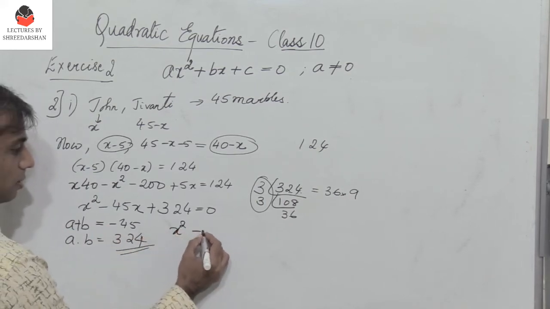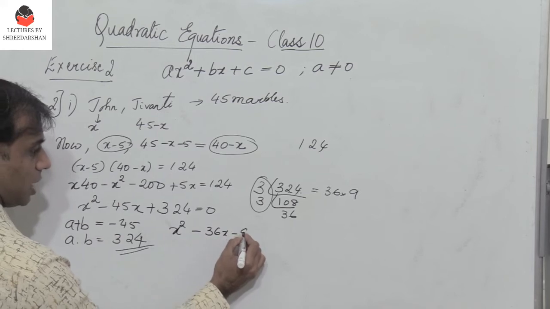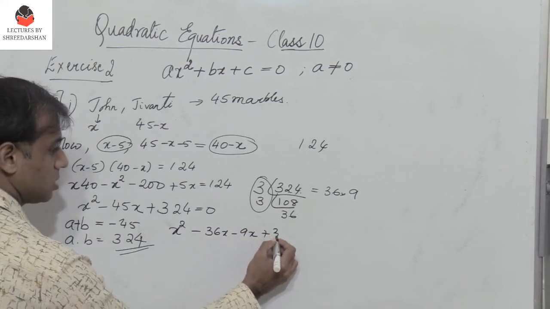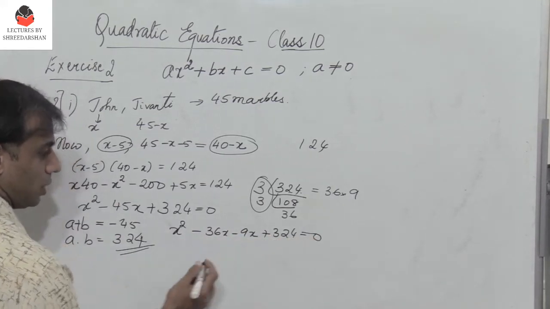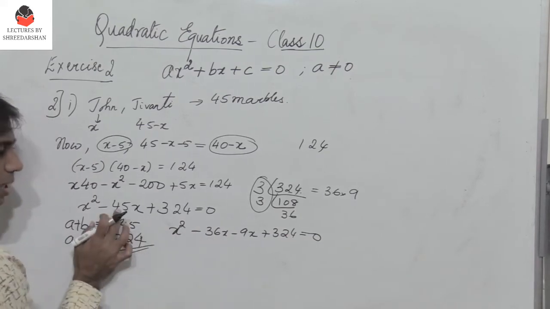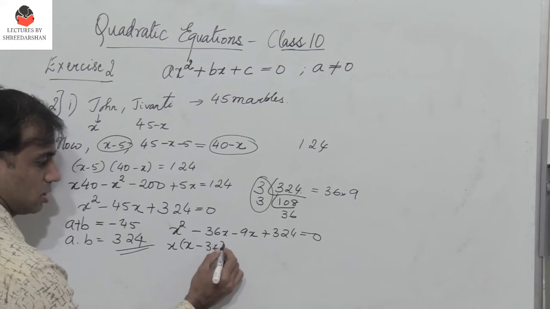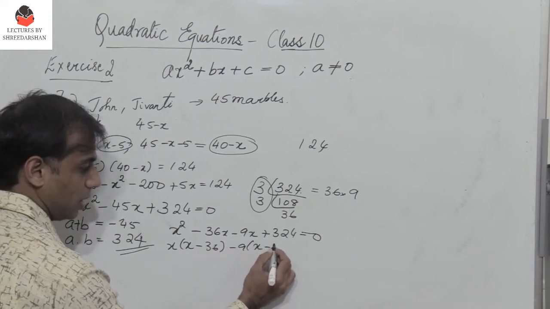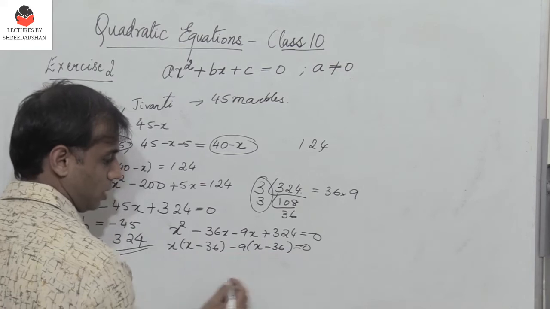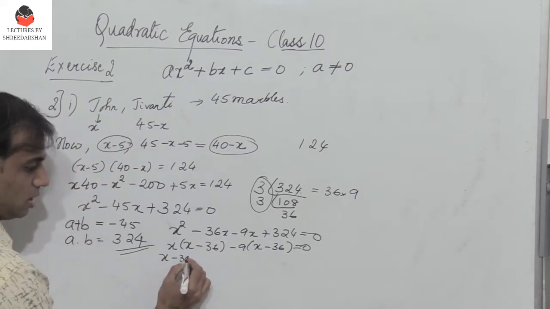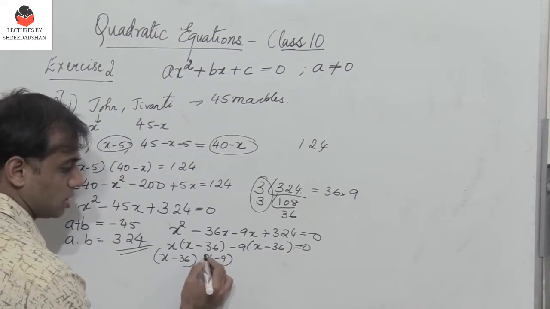So x square minus 36x minus 9x plus 324 equals 0. When I add these two, you get minus 45. So I take x common: x into (x minus 36) minus 9 into (x minus 36) equal to 0. So I have (x minus 36) into (x minus 9) equal to 0.